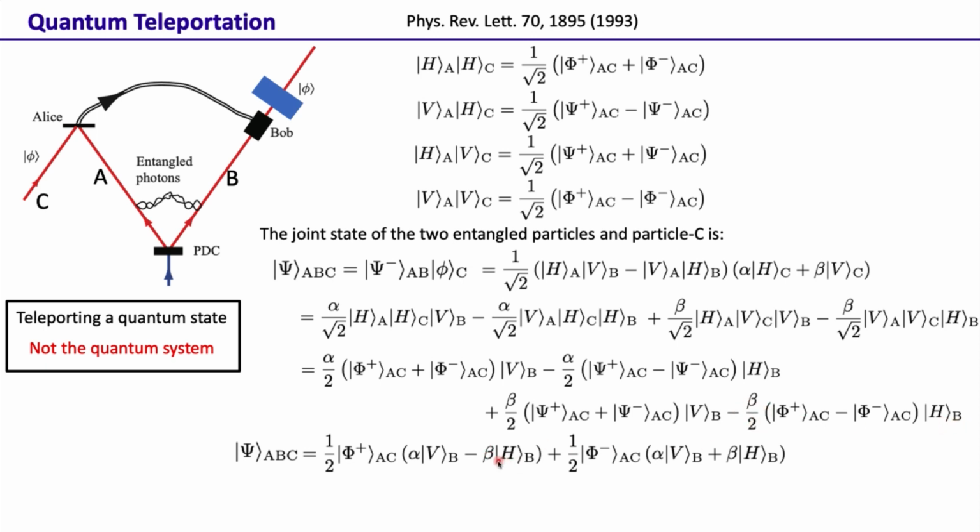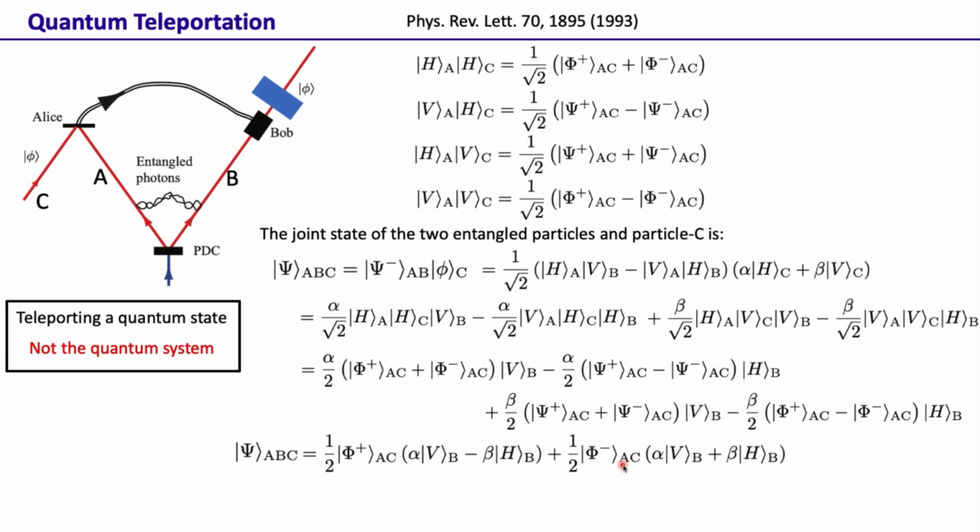So we have half phi plus for AC and alpha VB minus beta HB. That is the state of particle B, and that is the state of particle AC.